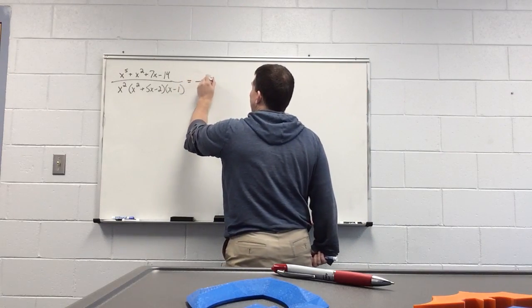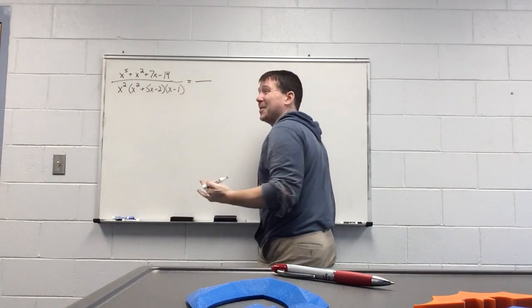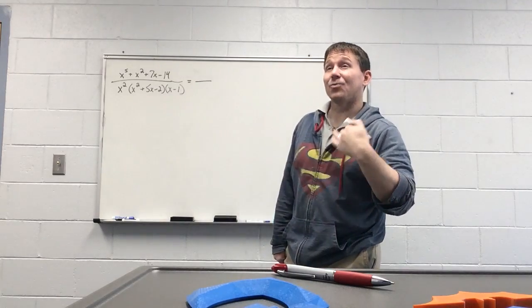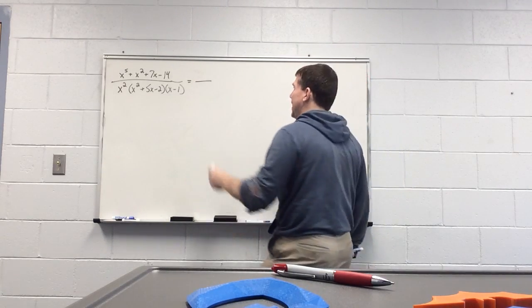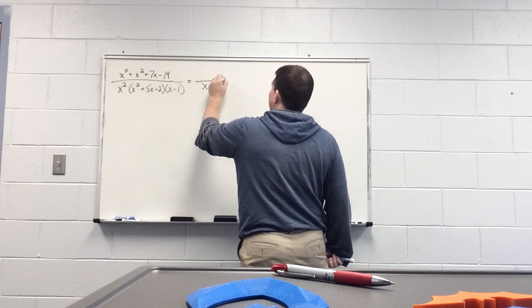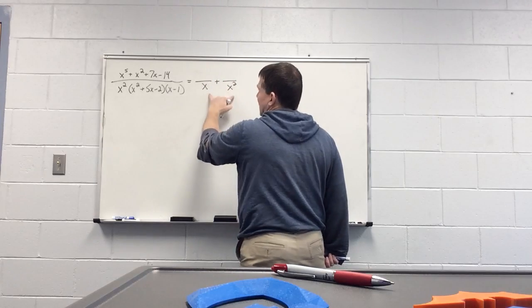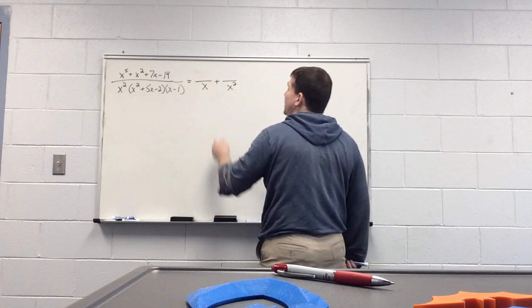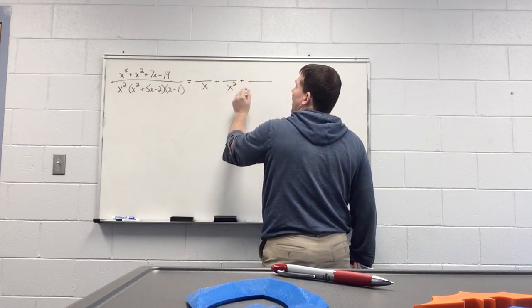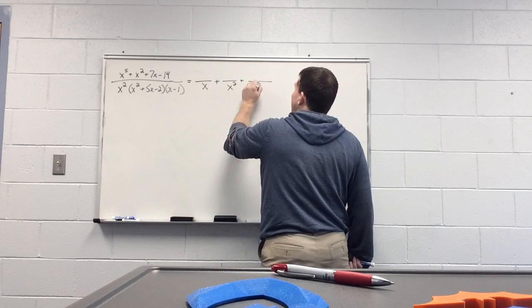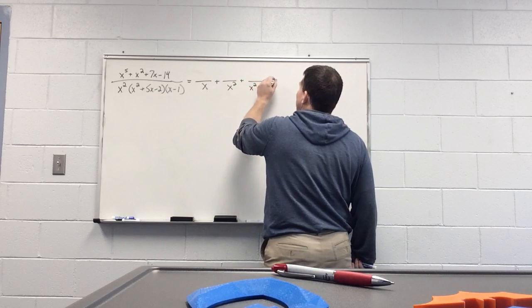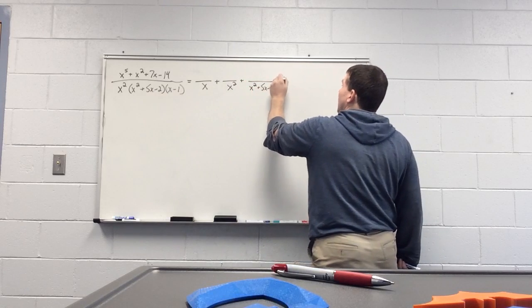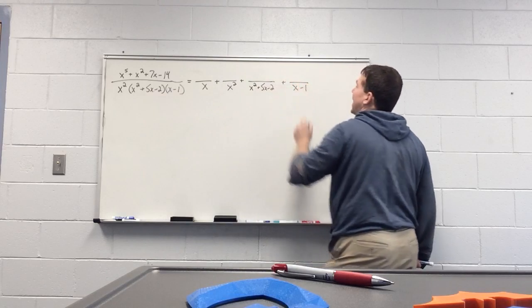I'll just start listing them out. That's an x squared, which is a linear x raised to the square power, which means I would have the x factor, then the x squared factor, all the powers of x. This is an irreducible quadratic factor, x squared plus 5x minus 2. The last one is a linear factor, x minus 1.